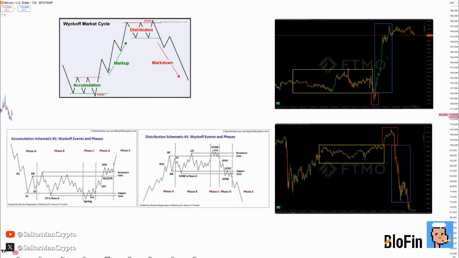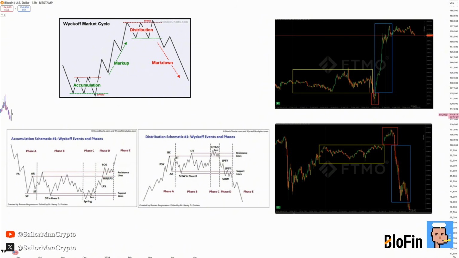The Wyckoff market cycle is simply saying what we always say, that the market can do mainly two things: ranging and trending. Whenever we are ranging before an uptrend, Wyckoff is saying that was an accumulation, followed by an uptrend. Whenever we range before a downtrend, Wyckoff will say it is a distribution.